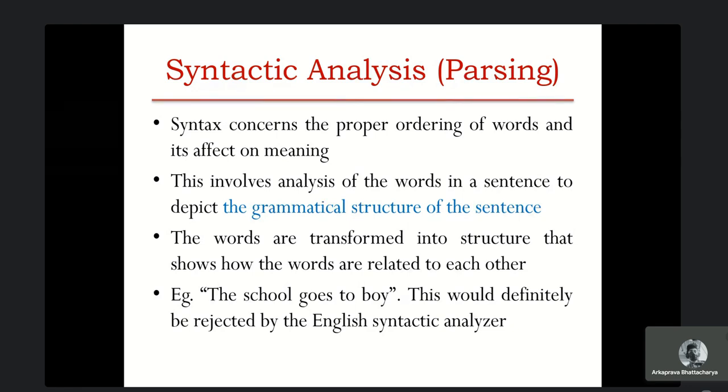It should be "the boy goes to school." So I should be able to assign a high probability to "the boy goes to school" instead of "the school goes to boy." These types of sentences should get rejected.